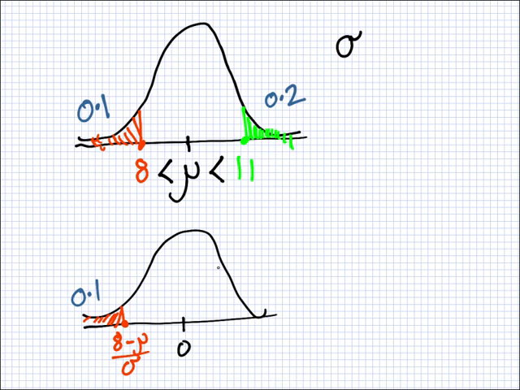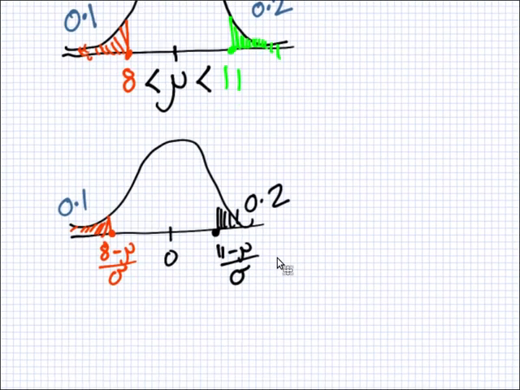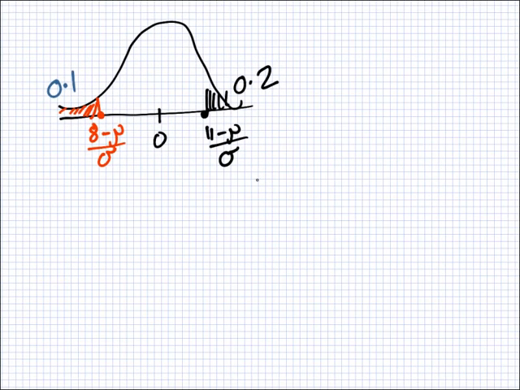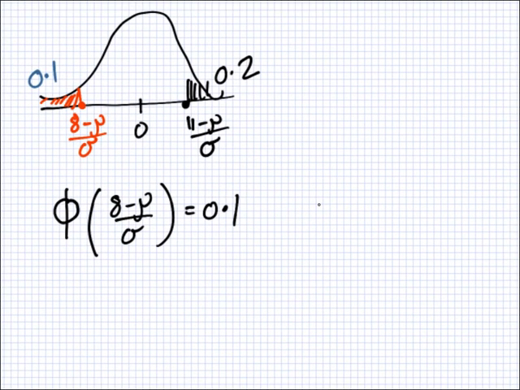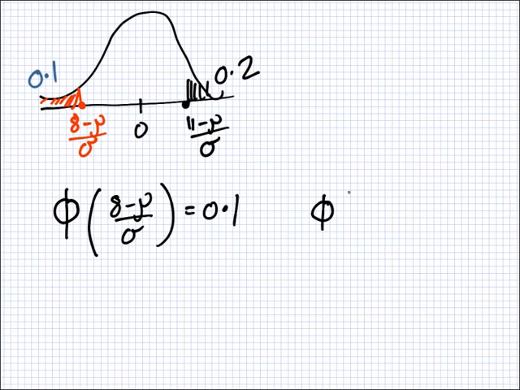So, we'll have to convert the other one here too. So this will be 11 minus mu over sigma. And this is 0.2. Now if you were to look up the table book value of 8 minus mu over sigma, you're supposed to get 0.1. And if you look up the table book value of 11 minus mu over sigma, you're supposed to get 0.8.